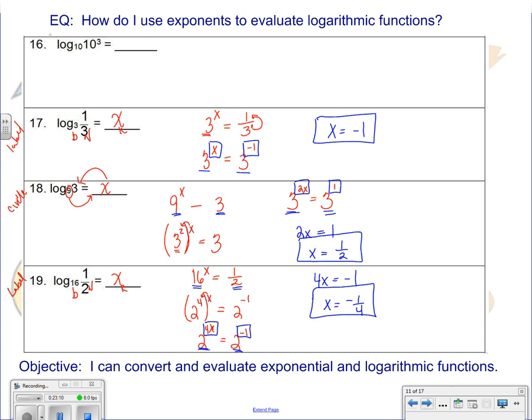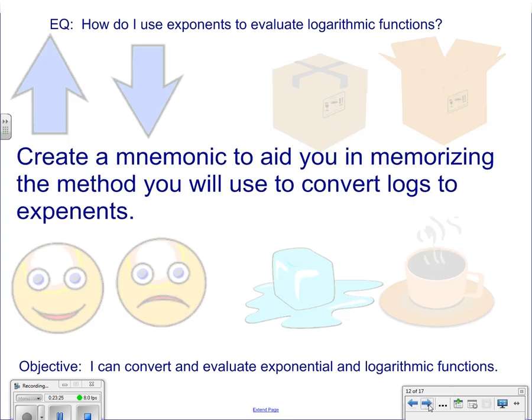You've just learned how to use exponents in order to evaluate logarithmic functions, and you had to convert your log to an exponent first. So as you close your activity, I'd like you to create a mnemonic to aid you in memorizing the method you will use in order to convert logs to exponents.